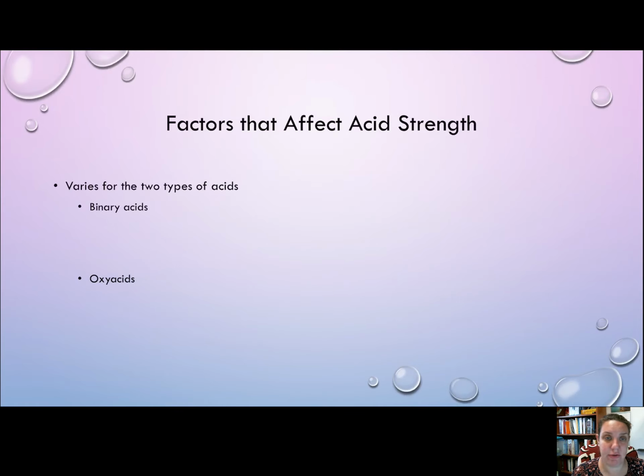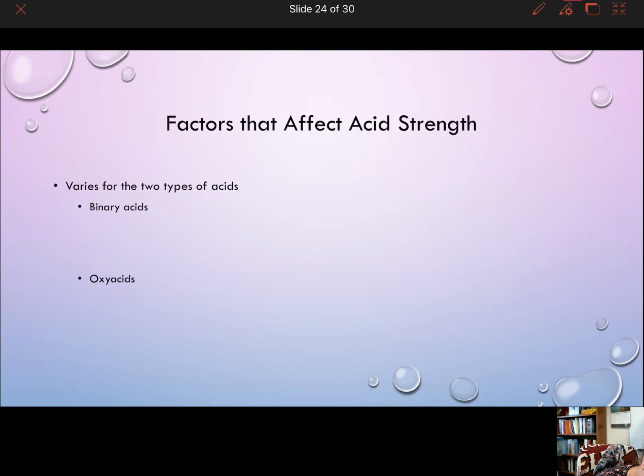So our acids themselves, we can look at two different types of acids, binary acids and oxyacids. With binary acids we're looking at bond strength when we're comparing elements in the same group, and then bond polarity when we're comparing elements in a different group, same period. So, for acids in the same group, we compare bond strength.